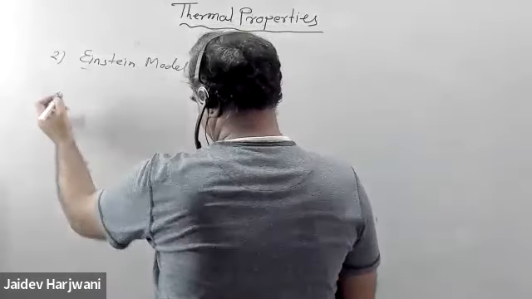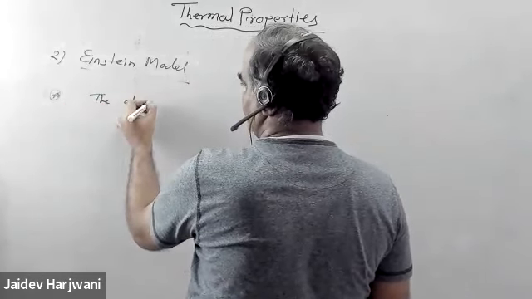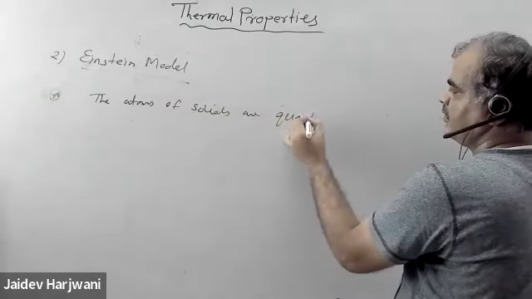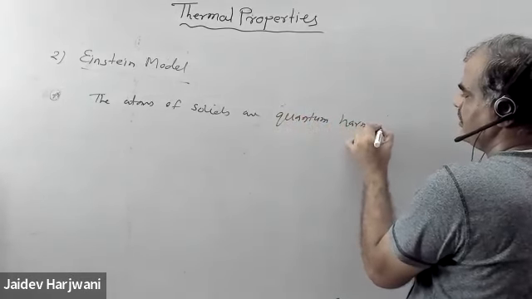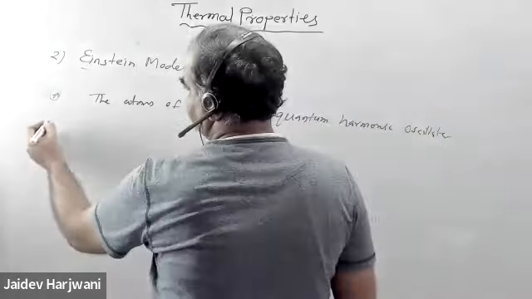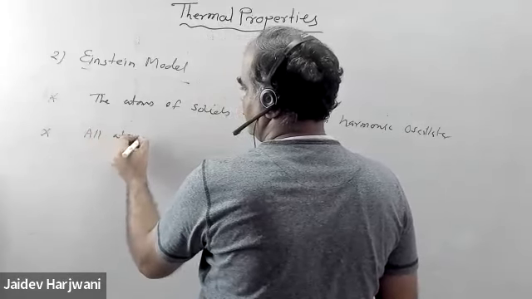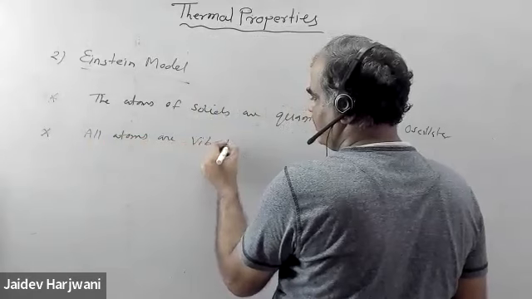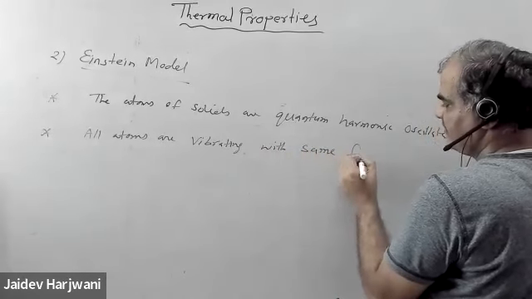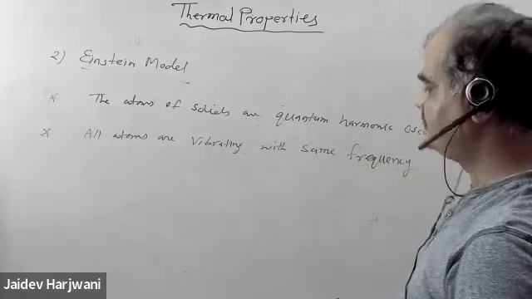So he says the atoms of solids are quantum harmonic oscillators. And like the classical model, all atoms are vibrating with a single frequency, with the same frequency. This is very important.